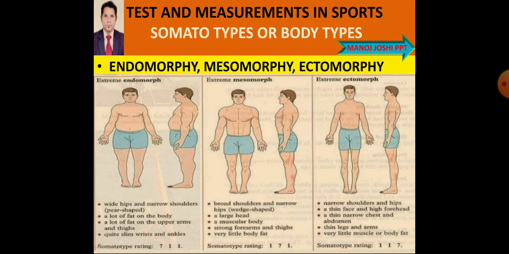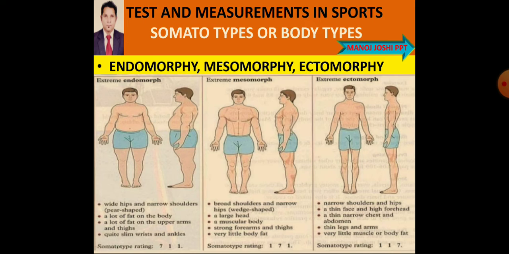Another characteristic in the extreme mesomorph is strong forearms and thighs and very little body fat. The somatotype rating of the extreme mesomorph is 171. So we must know that the rating for the extreme mesomorph is 171.